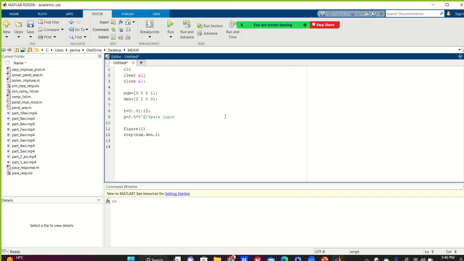But be cautious because this is a vector. Time is a vector. When you are squaring that in MATLAB, you have to use dot squared. If you don't do that, it's going to give you a syntax error. Okay.